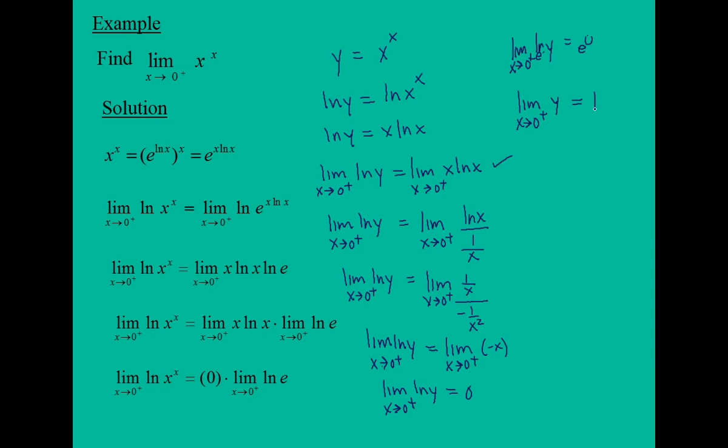Now the limit of y as x approaches 0 is still going to be just y, so y equals 1. So there's two different ways we can go about solving it.